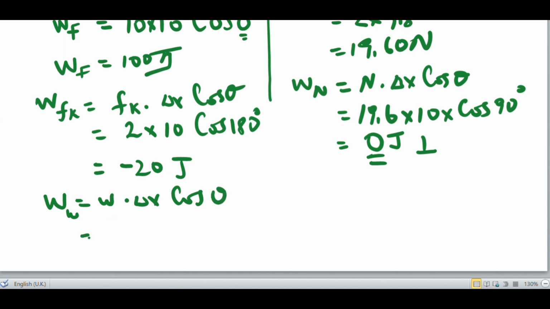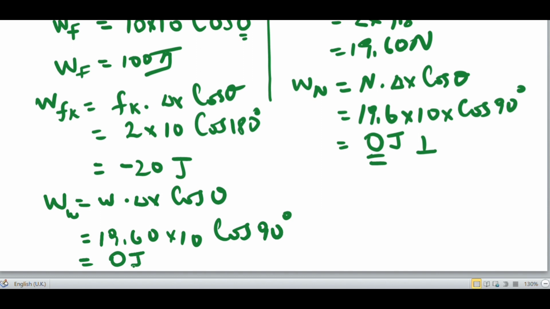The weight is the same as this normal force, so it's 19,60 times 10 cos the angle is 90, as you can see. Therefore the answer is 0 joules.